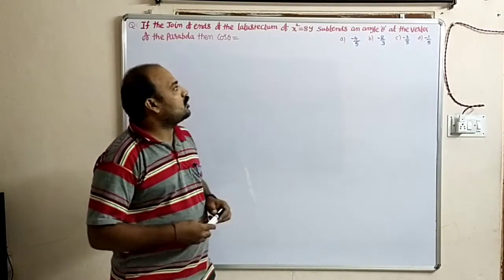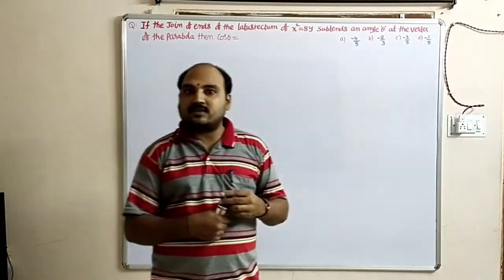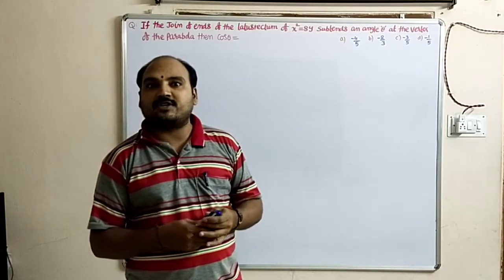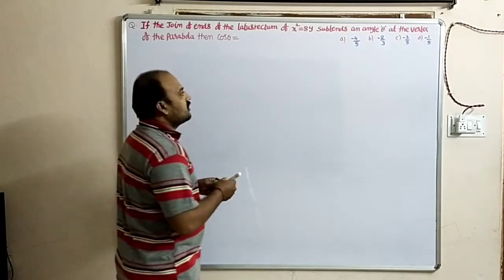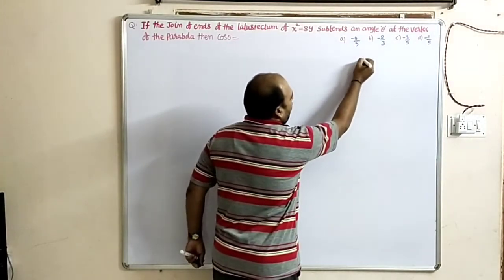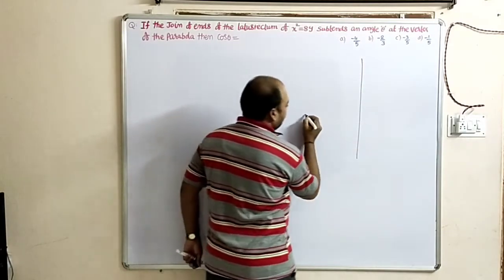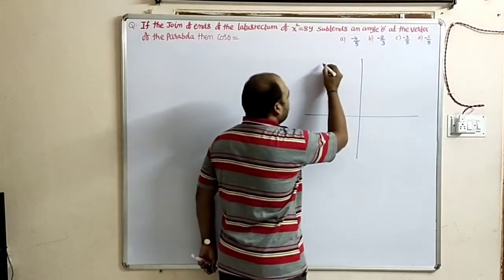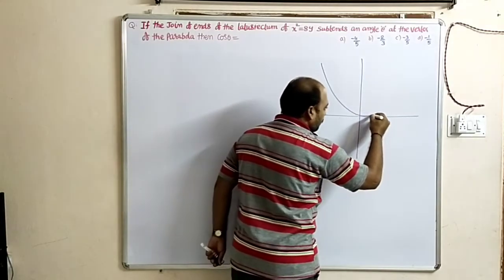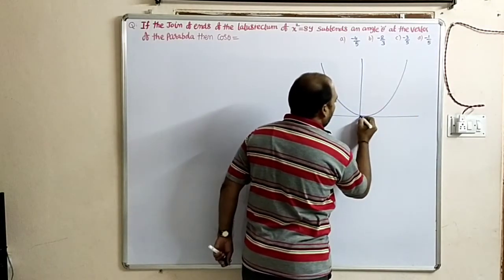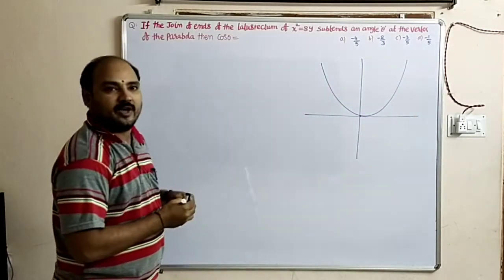First, x square equal to 8y. The curve x square equal to 8y is symmetric about the y axis. Observe the diagram. This is about x square equal to 8y.